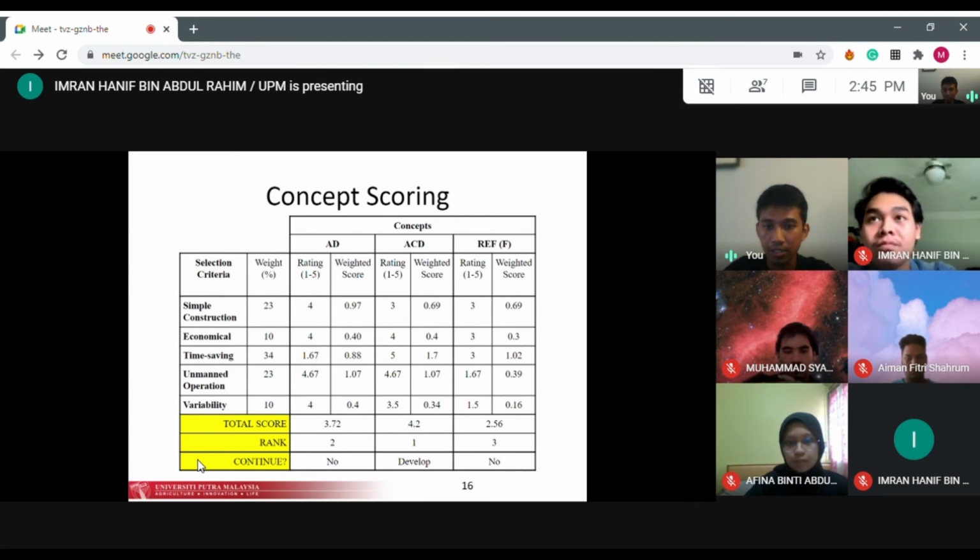The rating is from 1 to 5, where 3 is the same as the reference, below 3 is worse than the reference, and higher than 3 is better than the reference. Based on our concept scoring, ACD has the highest total score, so we choose it and we will develop it to make it better.